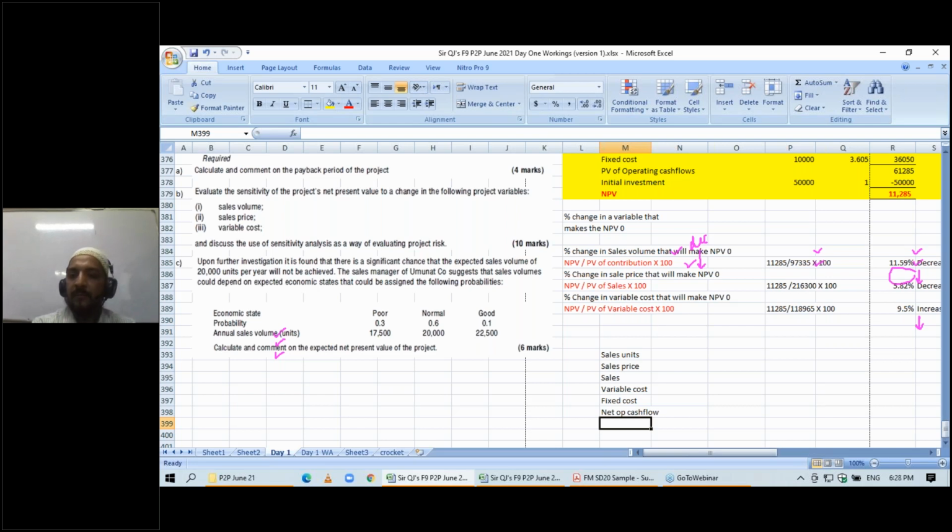You remember expected value is outcome multiplied by the probability and sum of all.